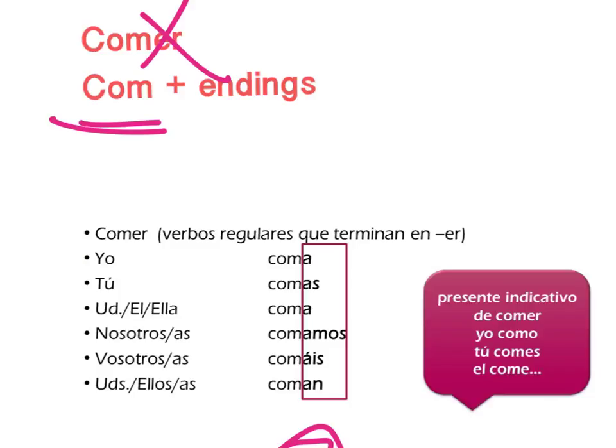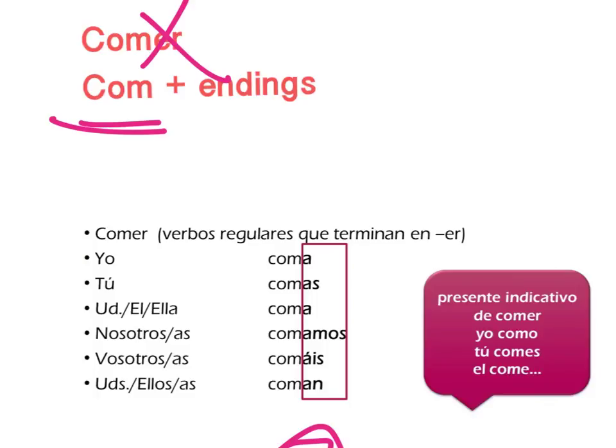And if you listen to it, yo coma, tú comas, él o ella coma, o usted coma, o nosotros comamos, you notice that the A vowel sort of dominates in the subjunctive.